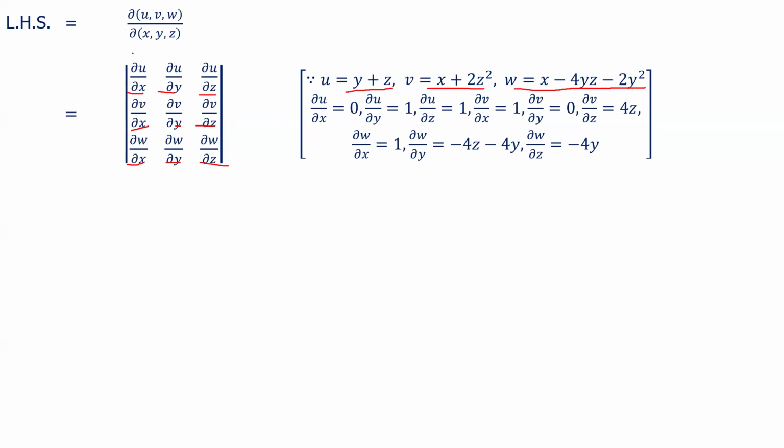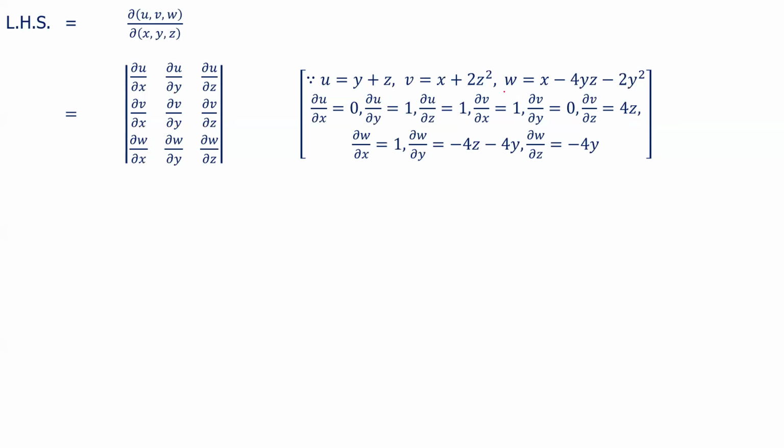Let us try to calculate what is del u del x. u is free from x, so its value is 0. Del u del y is 1. Del u del z is again 1. So these are the three values for u. Let us come to v. Del v del x is 1. Del v del y is 0. Del v del z, the derivative of 2z square, is 4z.